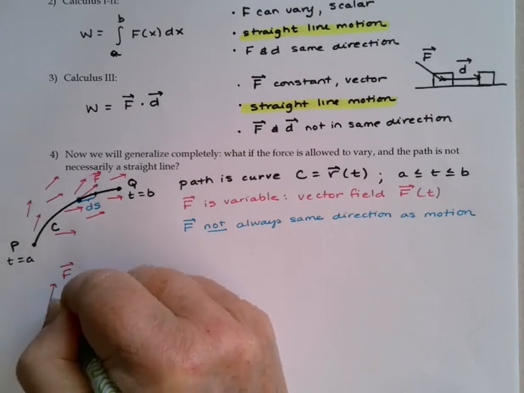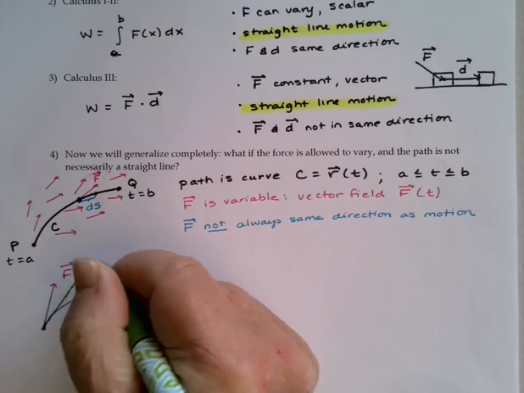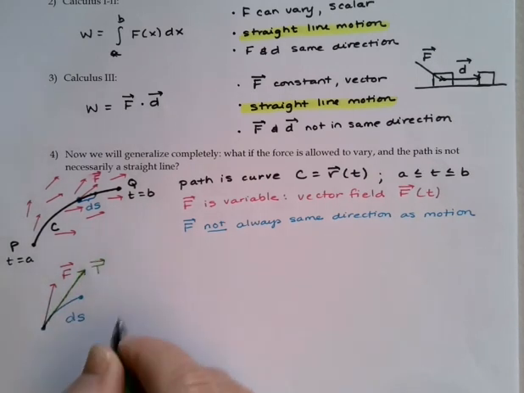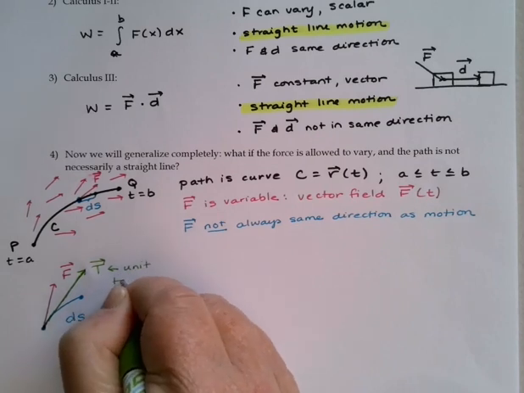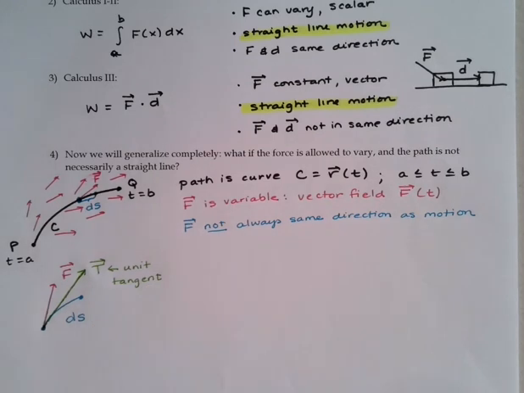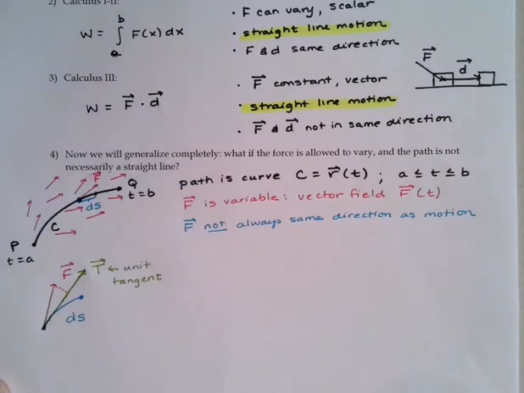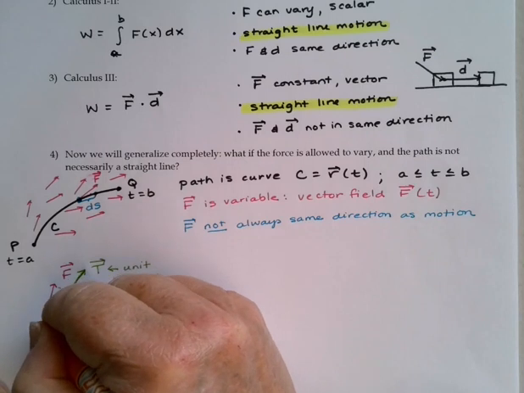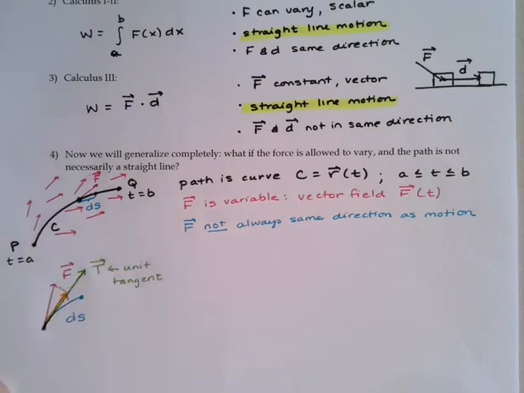So I'm going to sketch in the unit tangent vector, capital T here. And if I project my vector F down onto that unit tangent, then this is the only part that counts when I'm doing work.